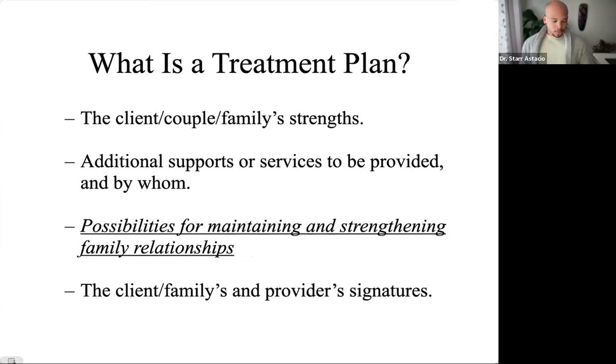So one important aspect of treatment plans is something that I think some beginner therapists forget about. When they're doing treatment plans, they only focus on the bad things or the symptoms that the family or the couple or individual comes in with.